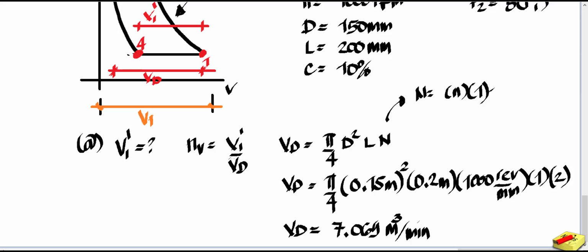Now from here, since we're looking for your V1 prime, we can rewrite here the equation, which is now equal to volumetric efficiency times the volume displaced. Since we don't have the given value for your volumetric efficiency, we need to compute that one.